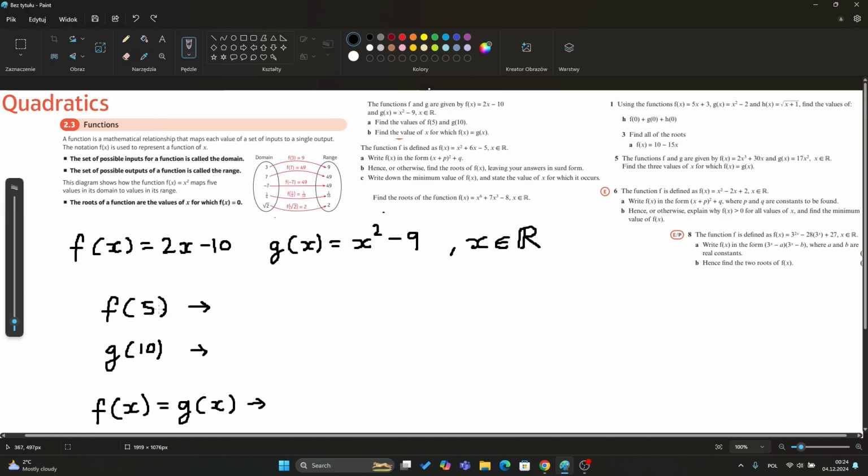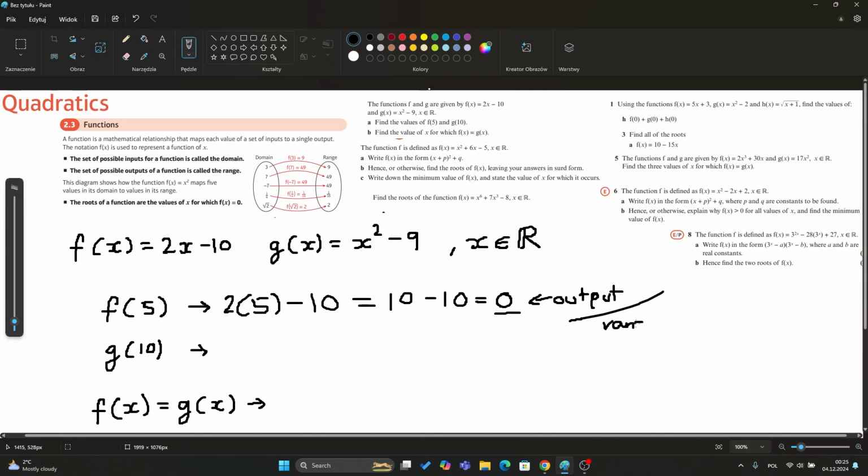So here we are trying to find an f of 5, so the input of the function f is 5. So what happens is we replace the x with 5, to give us 10 minus 10, which is 0, which is our output or range.